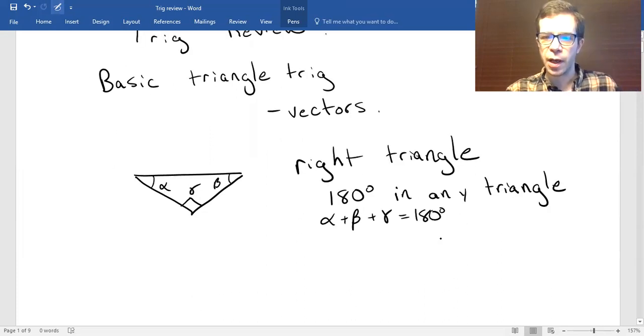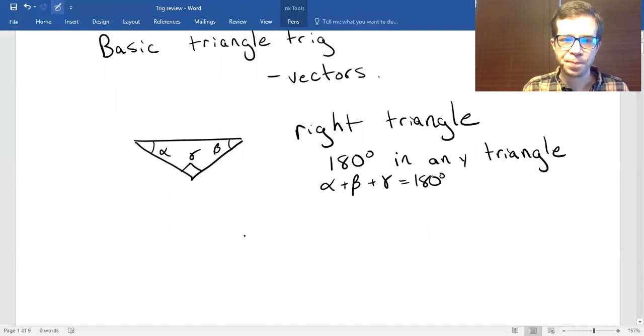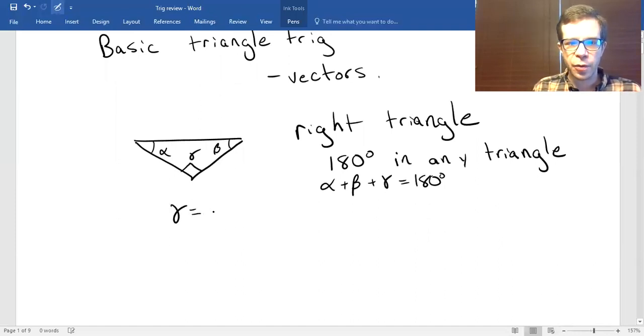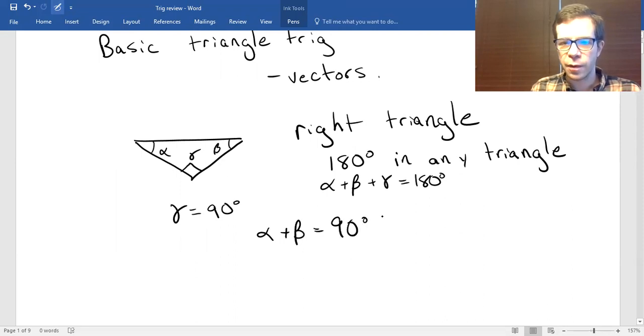That's what I mean by 180 degrees in any triangle. For a right triangle, we know that one of those is 90 degrees. And that means that the remaining angles also have to add to 90 degrees.